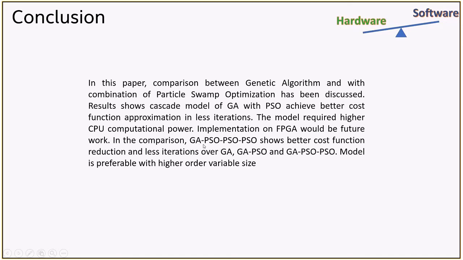My simulation shows genetic algorithm with a 3-level PSO can achieve fewer iterations over the previous generations.